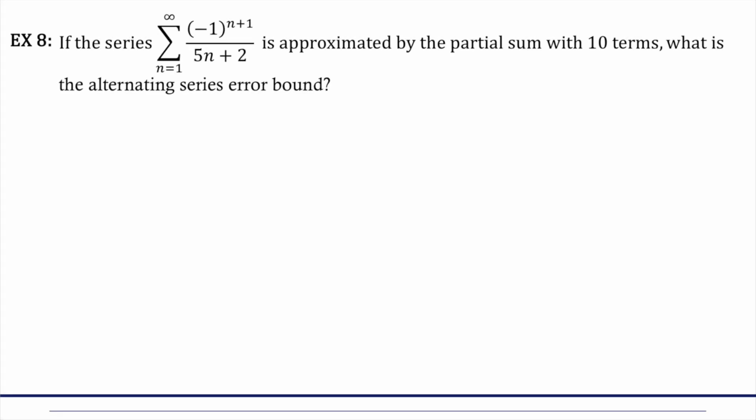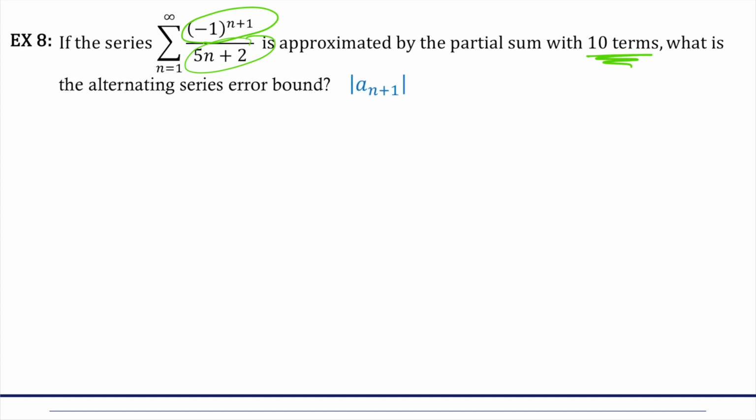Example 8. We can find all different ways to ask these kinds of problems. If this alternating series of 1 over 5n plus 2 is approximated by the partial sum with 10 terms, so we're going to have the 10th partial sum, what is the alternating series bound?